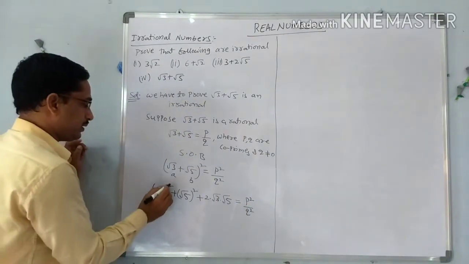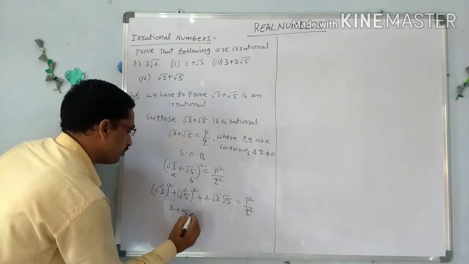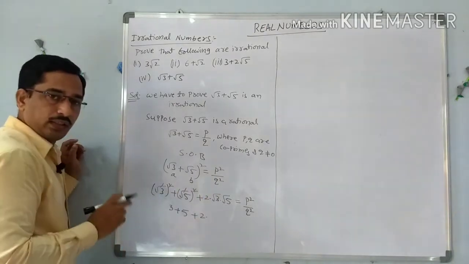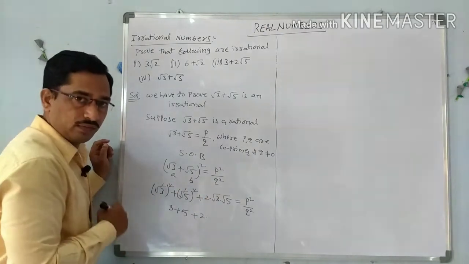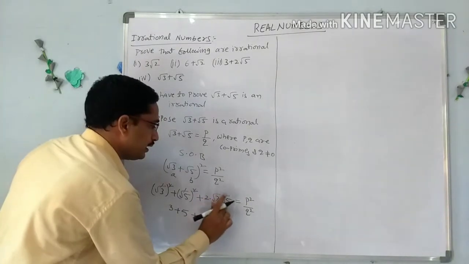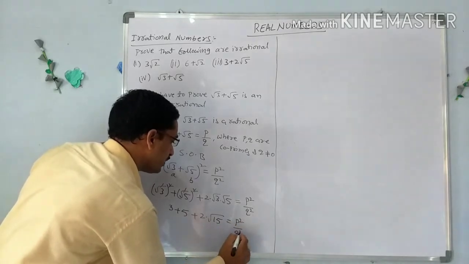Now we can cancel the square roots. Here 3 plus 5 plus 2 into root 3 into root 5. Root a into root b equals root of ab. So root 3 into root 5 equals root of 3 into 5, which is root 15.